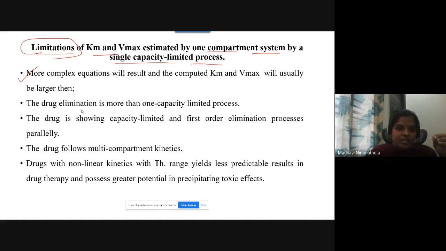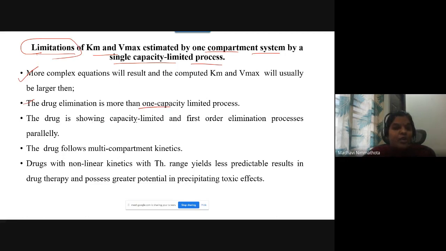These more complex equations make computing and comparing the Km and Vmax results difficult. And the drug elimination is more than one capacity limited process. But here they are telling us the drug follows only a single capacity limited process, but based on a review of these equations we know that the elimination is more than one capacity limited process, so it is not a single capacity limited process. That is also one drawback.